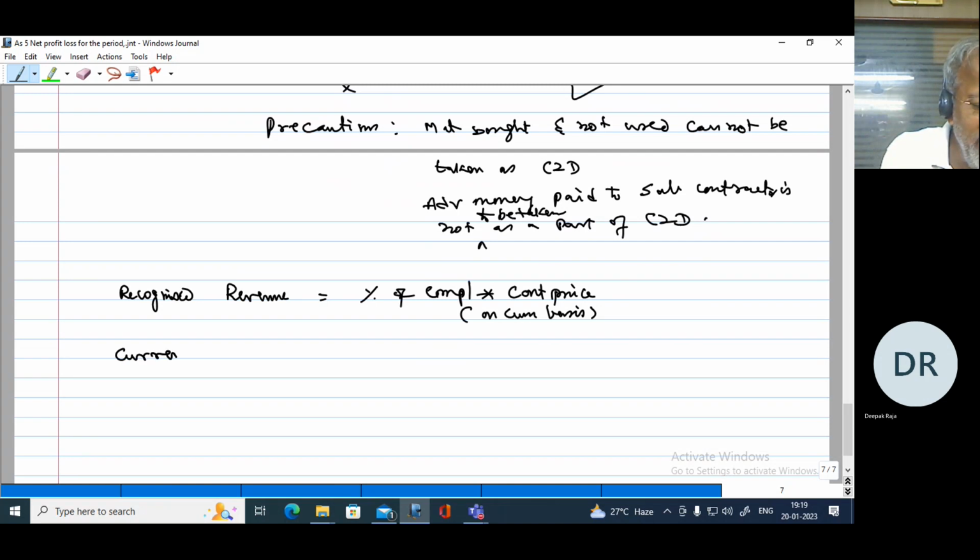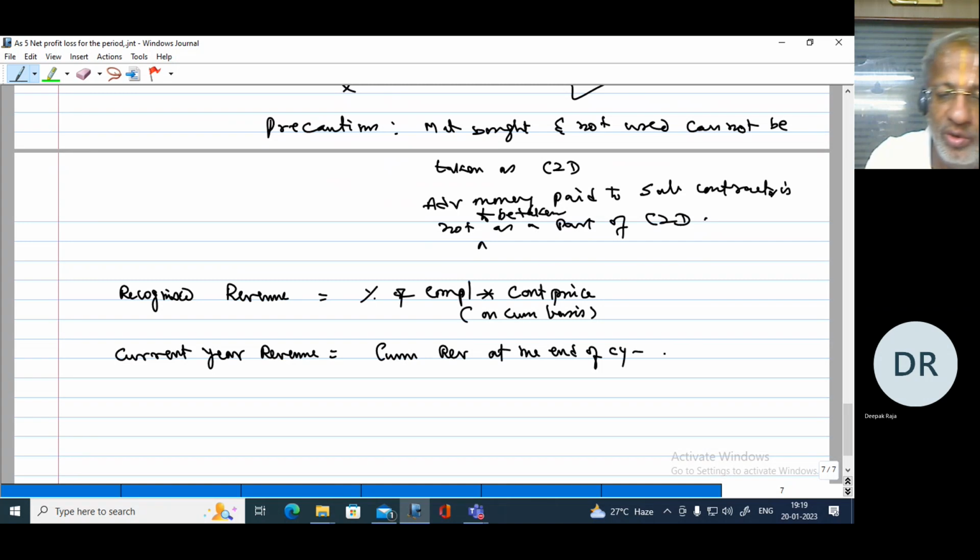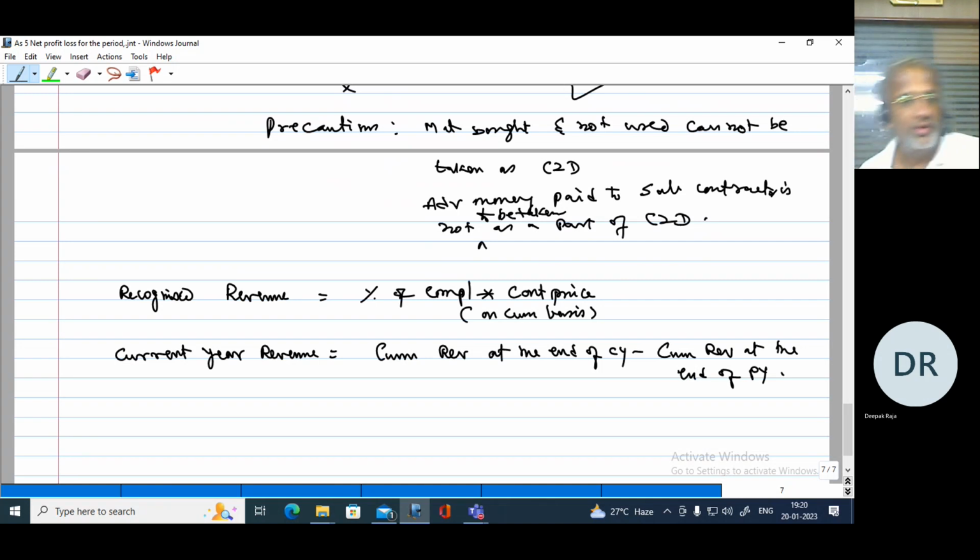Then current year revenue is equal to cumulative revenue at the end of the current year minus cumulative revenue at the end of the previous year. Correct? If I have completed 75%, and in the previous period I had completed only 30%, then 75 minus 30, 45% is what I have completed during the period. So current year revenue is like that.